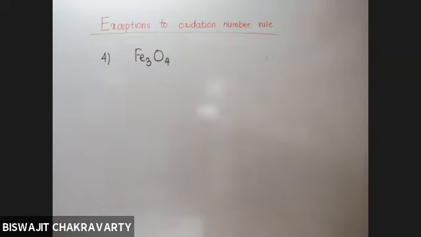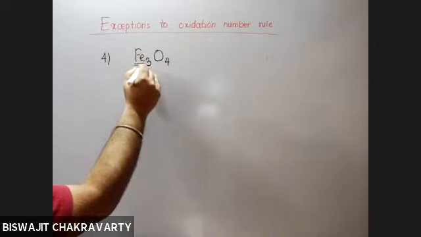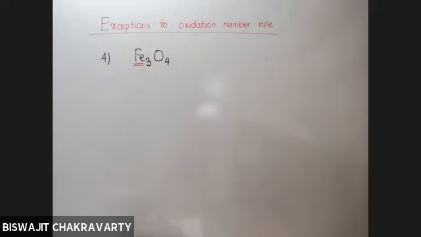Fe3O4. Now by the normal oxidation number method, you tell me how much should be the oxidation state of iron? Plus 8 by 3. Fine. See, others are getting or not? Plus 8 by 3.